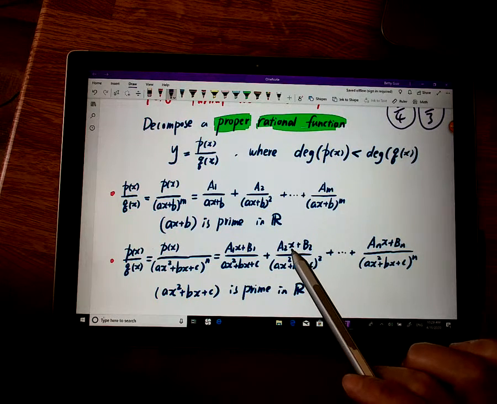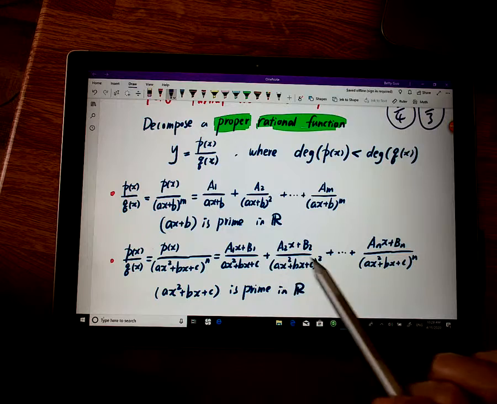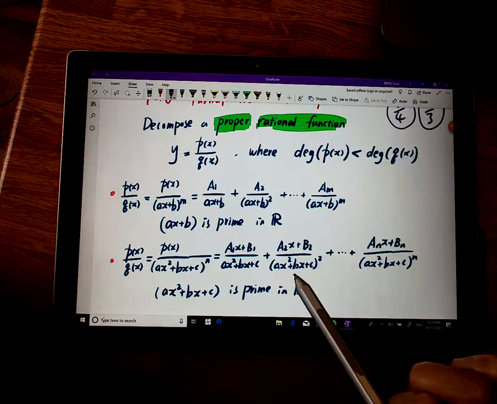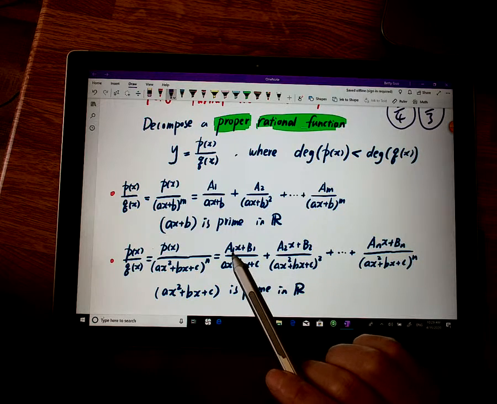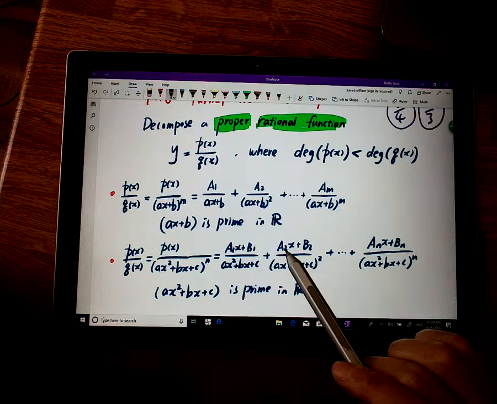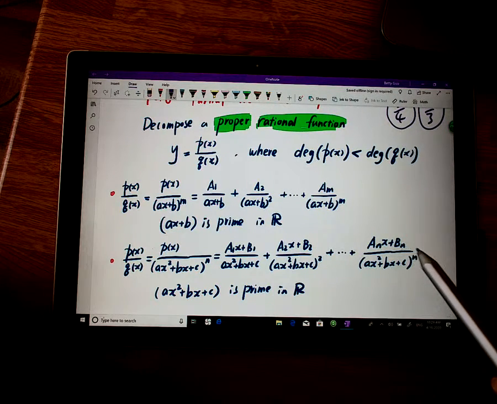The second term's numerator is also a linear polynomial, and the denominator is the square of the quadratic trinomial, and so on. The last term has a linear polynomial numerator and the nth power of the quadratic trinomial as denominator. Also note a sub 1, b sub 1, a sub 2, b sub 2, up to a sub n, b sub n are the unknown constants that we need to solve for.